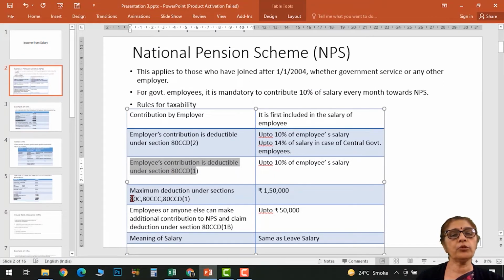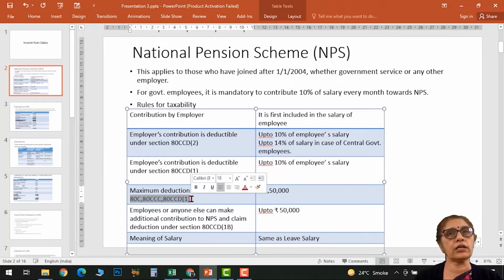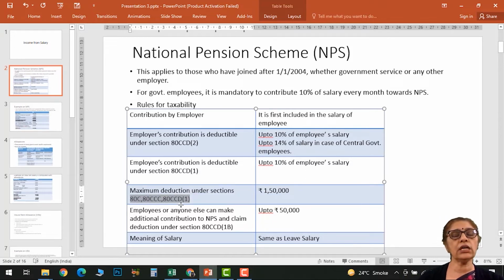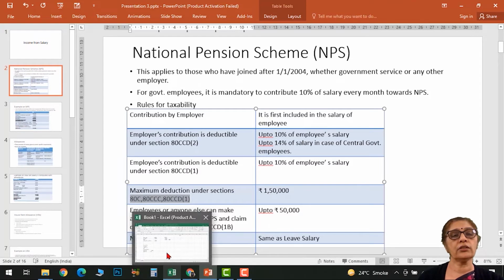CCD1 is clubbed with two more sections for the purpose of maximum limit on deduction. That is 80C and 80CCC. So 80C, CCC and CCD1. We'll do C later at the end of the chapter. CCC you will do when you do the chapter on deductions. So 80C, 80CCC and 80CCD1 together cannot be more than 1,50,000.